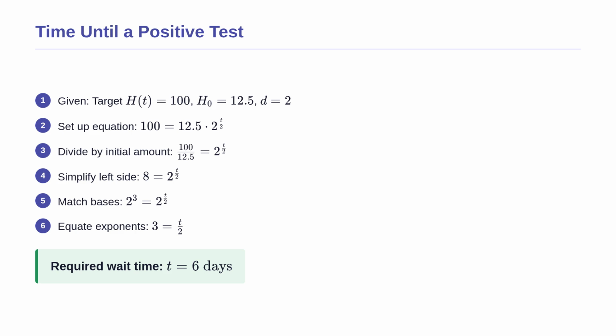Dividing both sides by 12.5 gives us 8. Since we know 2 cubed equals 8, we can match the bases and drop them, leaving us with 3 = t/2. Multiplying by 2 gives a final answer of 6 days. This is exactly why doctors advise waiting before taking a test.